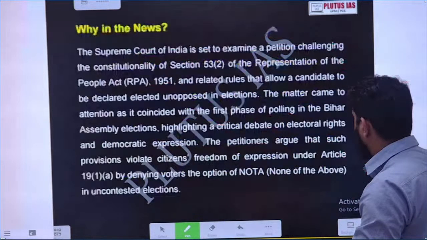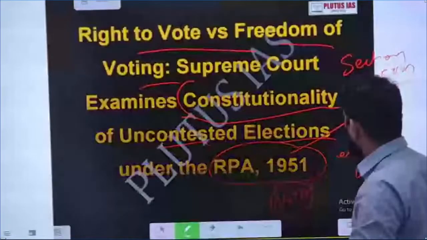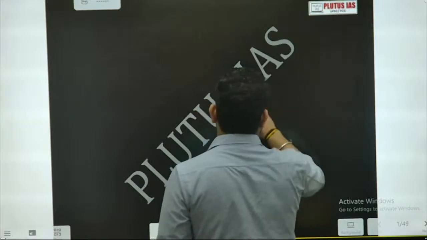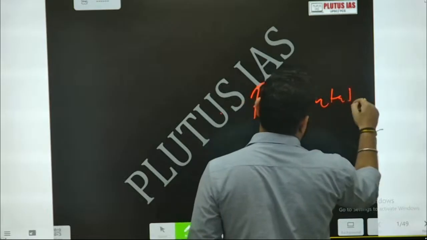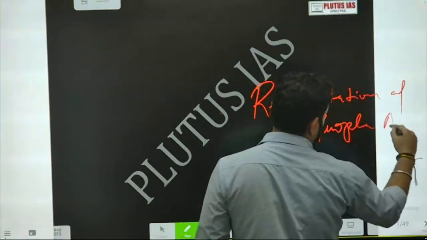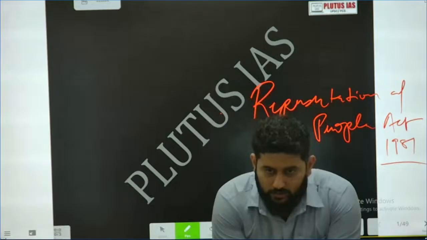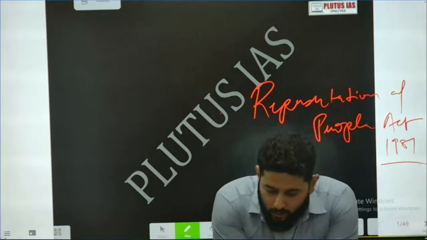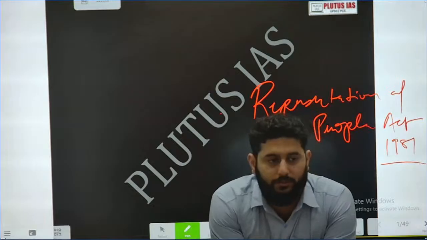The Representation of the People Act 1951 governs the conduct of elections to Parliament and State Assemblies.